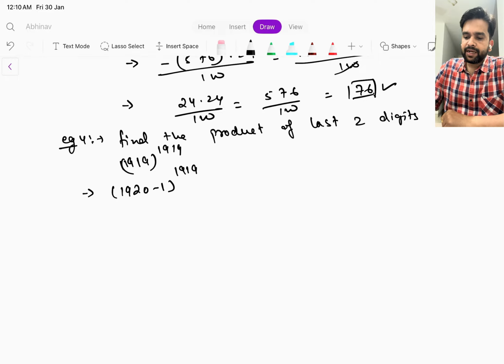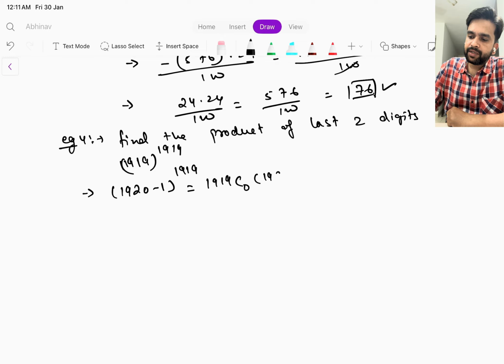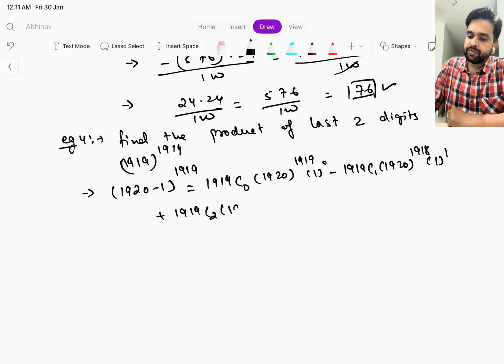So I'll write 1919 as 1920 minus 1 raised to power 1919, and I'll open the binomial expansion for this power, and I'll obtain 1919 C0 1920 raised to power 1919 1 raised to power 0 minus 1919 C1 1920 raised to power 1918 1 raised to power 1 plus 1919 C2 1920 raised to power 1917 1 square, going like this.